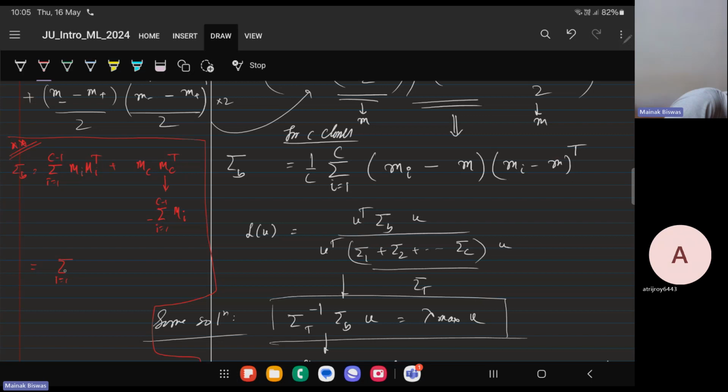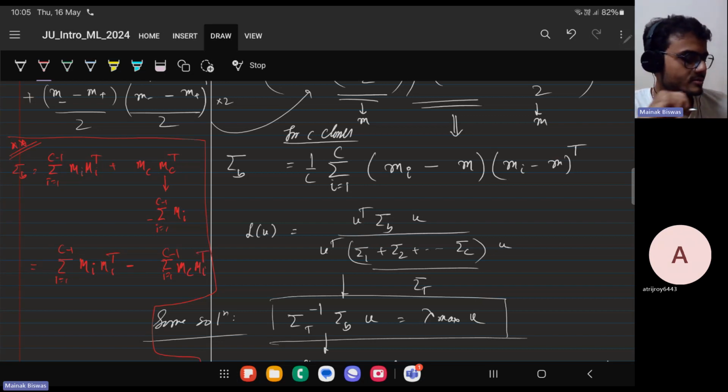The summation of i equal to 1 to C minus 1 of Mi Mi transpose minus MC, with the summation of i equal to 1 to C minus 1 written as MC inside Mi transpose. Yes or no?